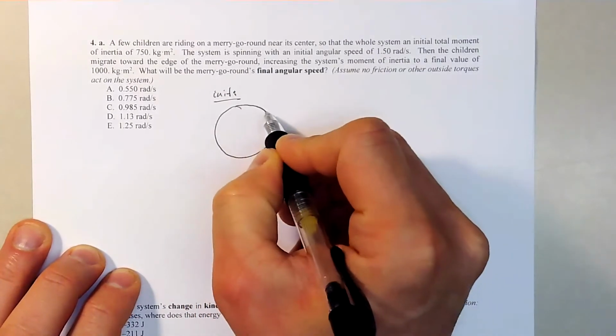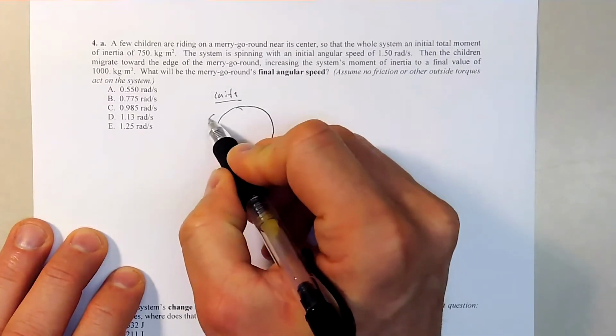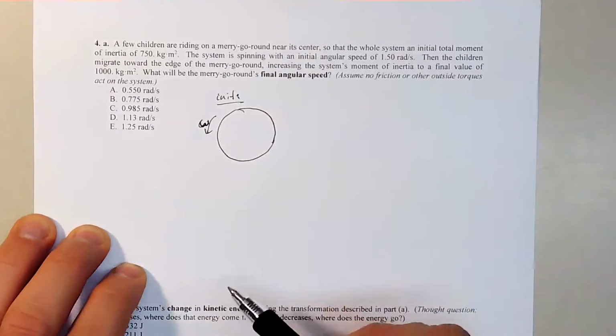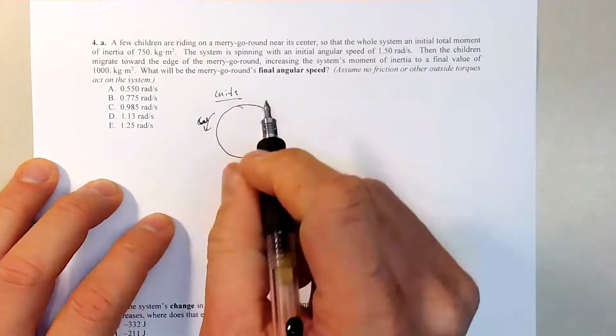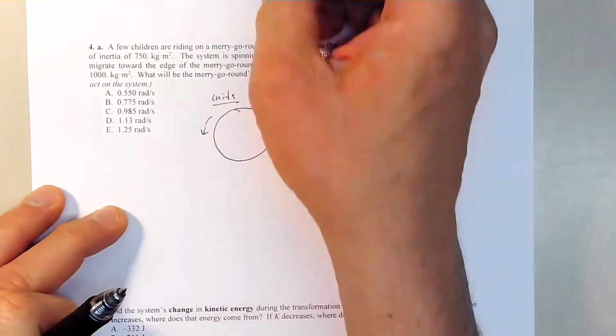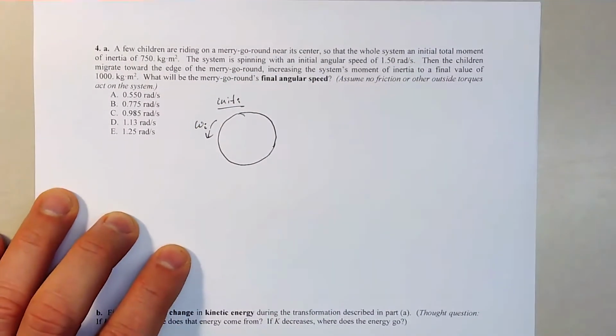If we look down as a top view on top of this merry-go-round, I don't think it specifies whether the merry-go-round is going clockwise or counterclockwise. We'll just pick, it doesn't matter. So this is the initial angular speed.